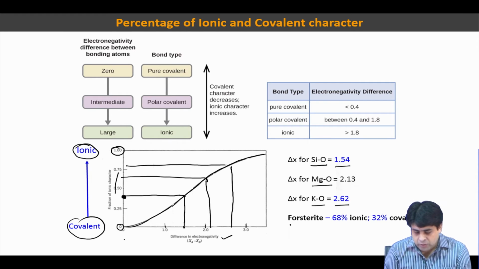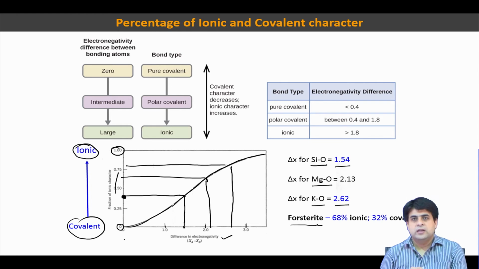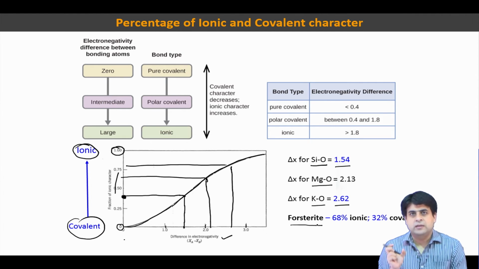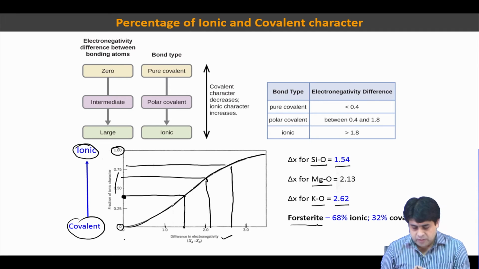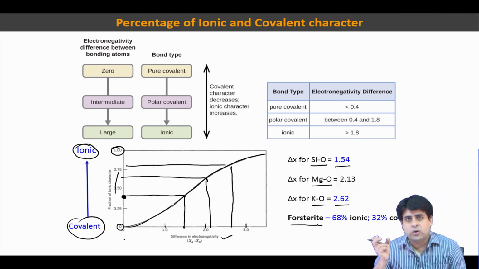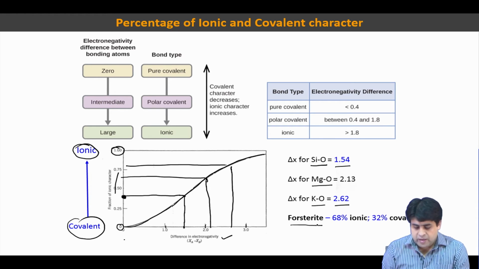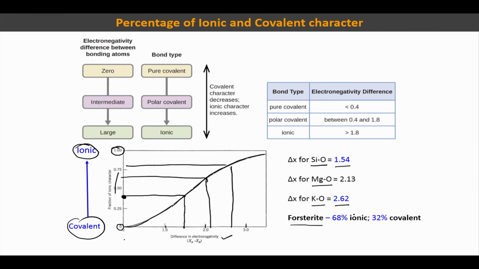If you take the most abundant mineral in the upper mantle, that is olivine, if you take the magnesium end member of the olivine, this forsterite, and calculate the electronegativity difference for magnesium and oxygen, and silica and oxygen, and calculate the ionic and covalent character, your forsterite will have 68% ionic character and 32% covalent character.